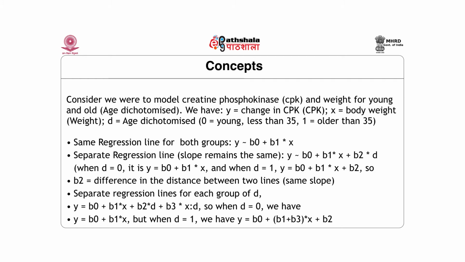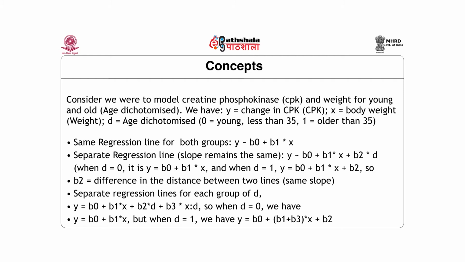However, for the older group, who are given a value of 1, that line will be shifted by a certain distance. So we'll have 2 different lines. So it's going to shift by b0, which is the intercept. That intercept will get shifted or changed.